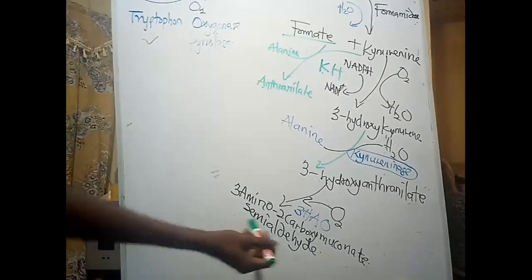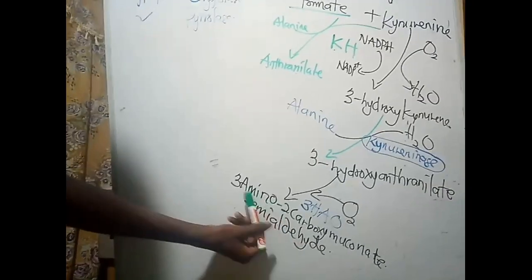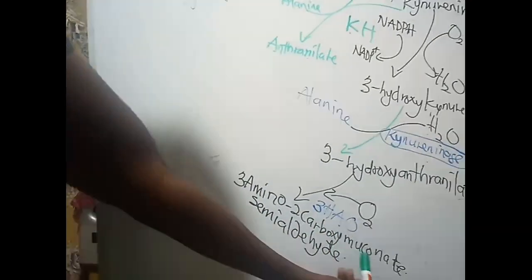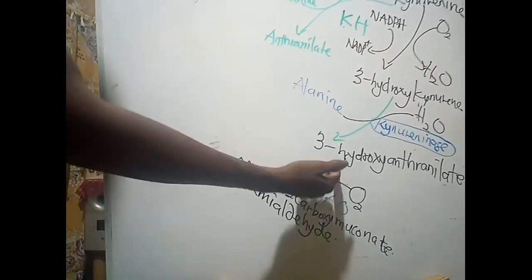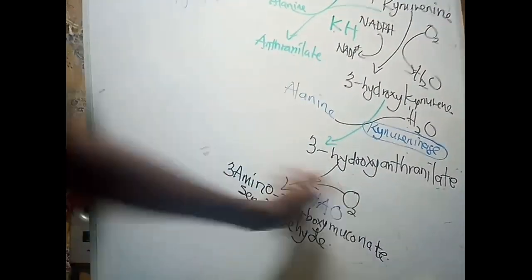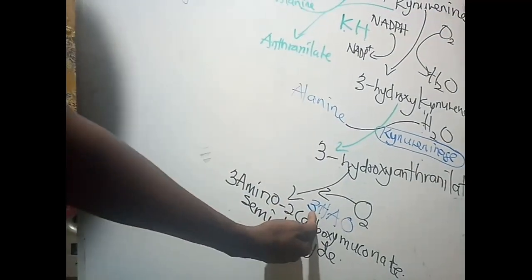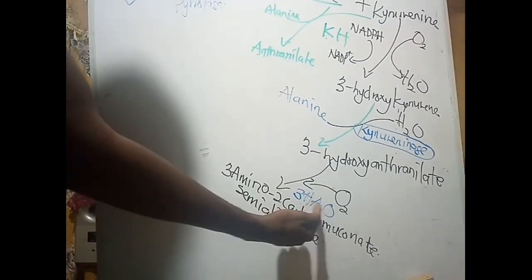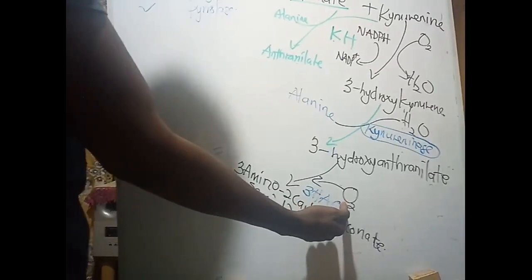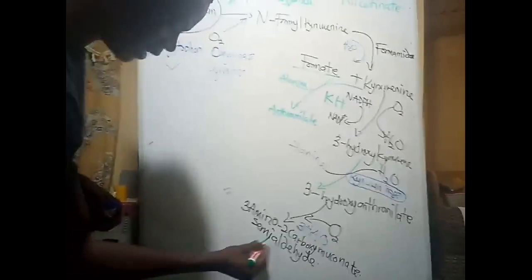Now, 3-amino-2-carboxymuconate semialdehyde is produced from 3-hydroxyanthranilate by addition of what? Oxygen, catalyzed by 3-hydroxyanthranilate oxidase.